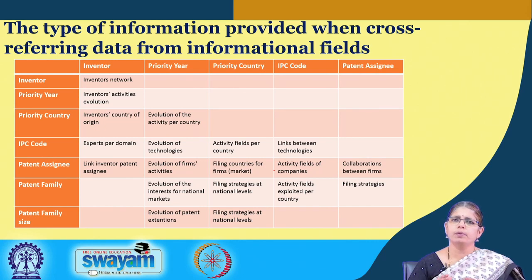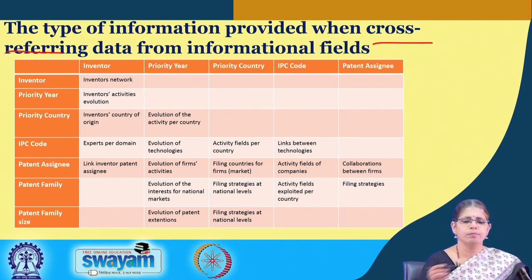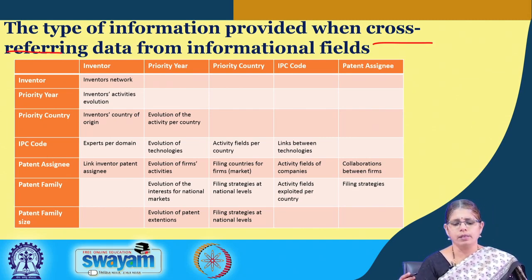Another important aspect of the patent landscapes is what we call cross-referencing. Now, cross-referencing again helps in understanding relationships between the data. So, one can have cross-referencing in relation to priority year and assignee, publication as well as, let us say, country. So, among the different fields that are considered for analysis, one can also utilize the cross-referencing information in relation to a patent landscape.